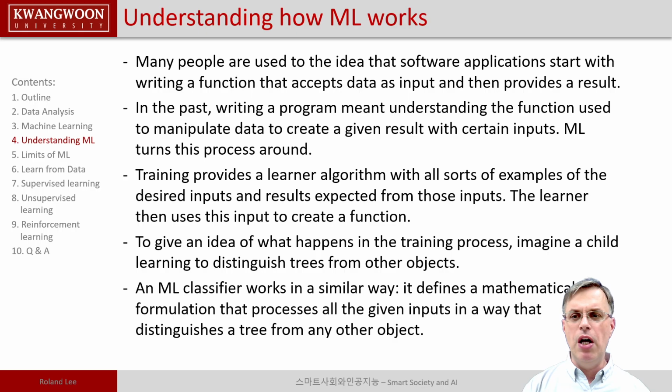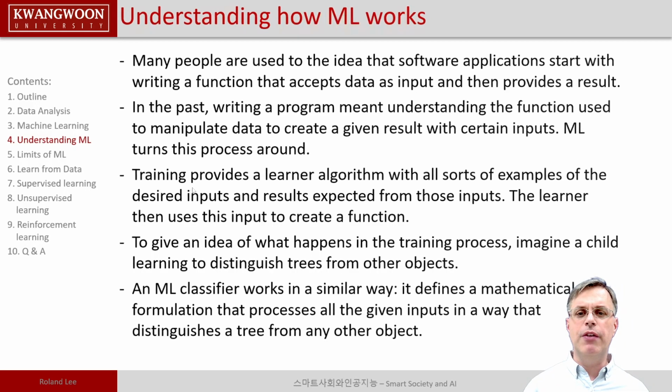So a machine learning classifier works in a similar way. Under the hood, it defines a mathematical formulation that processes all the given inputs in a way that distinguishes a tree from other objects. First, this process assumes the existence of a suitable mathematical representation of a task, often referred to as a target function.